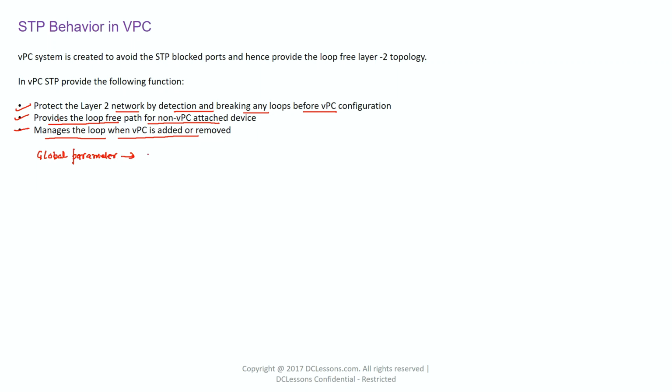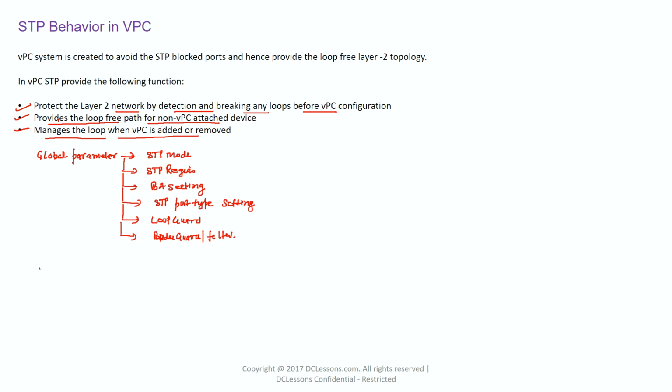So in the global parameters: STP mode, STP region, bridge assurance setting, STP port type, loop guard, BPDU guard and filter, right?